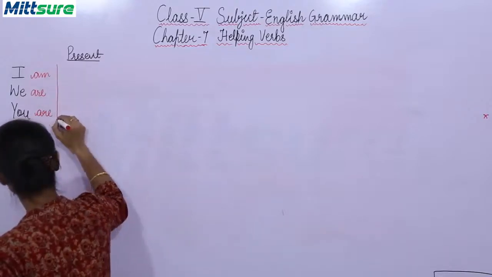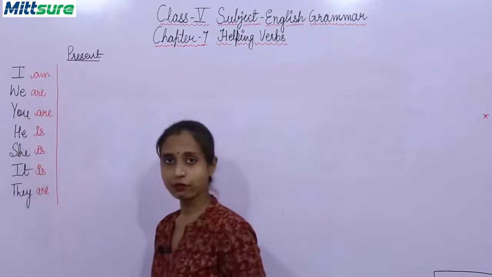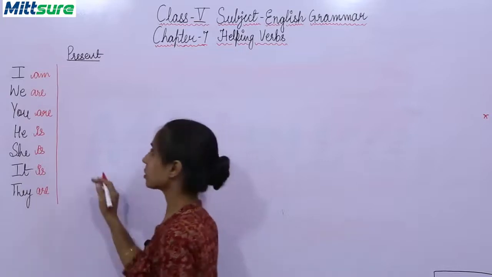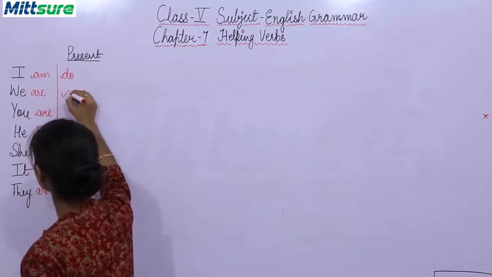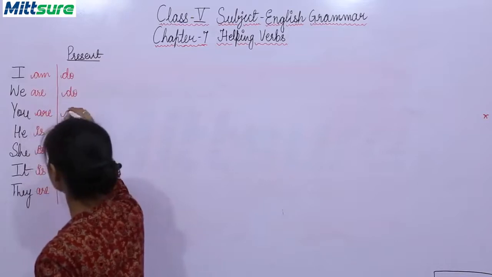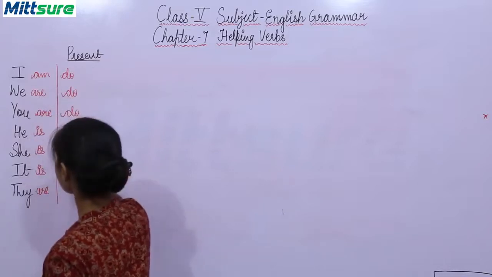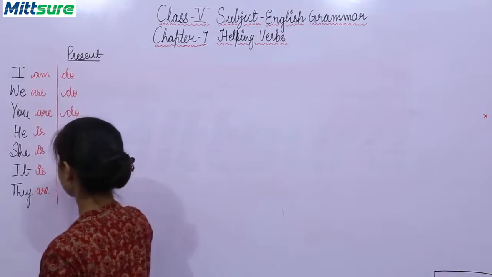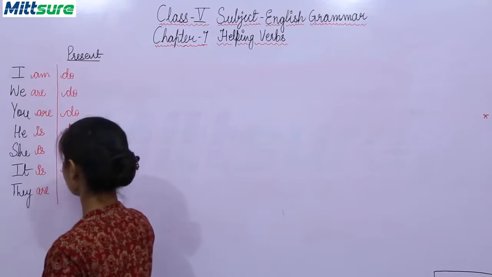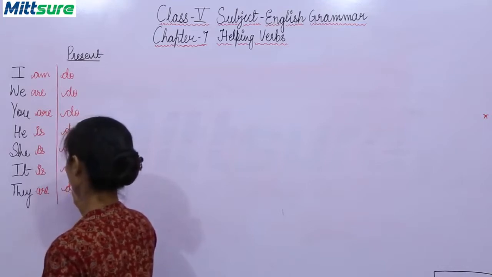For do form of verb, we used I do, we do, you do, he does, she does, it does, they do.